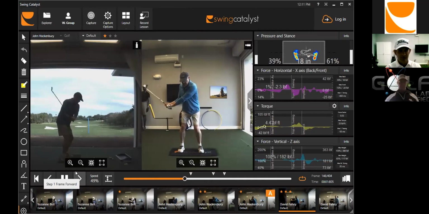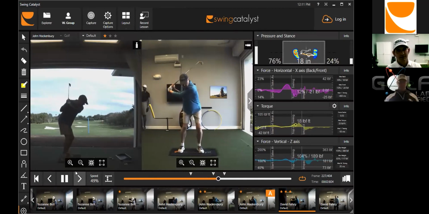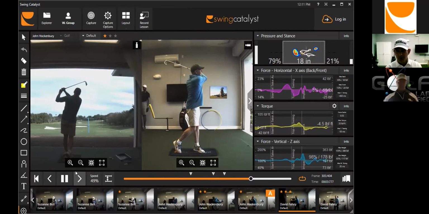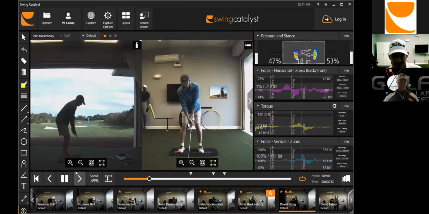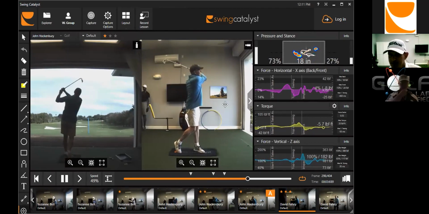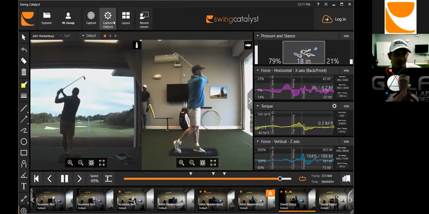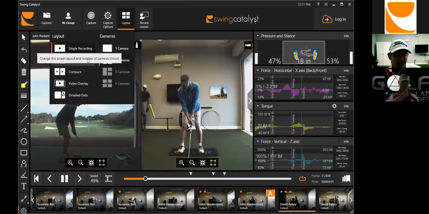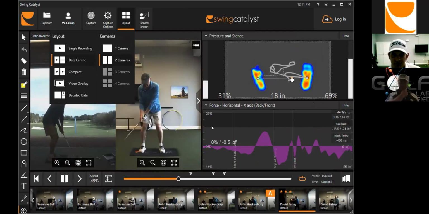Get a sense of what we might be working with here. Our forces and torques look like an EKG. That gives you an idea of what's going on in the ground here.